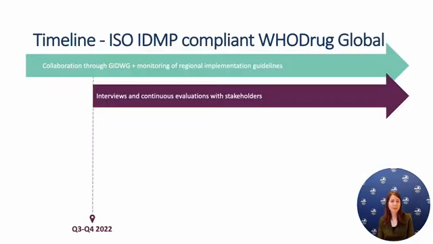Here is a rough timeline for our efforts to ensure ISO IDMP compliance in WHODrug Global. In our efforts to develop support for both global pharmaceutical products identifiers and global substance identifiers, we will continue to collaborate closely with regulators to support their requirements.